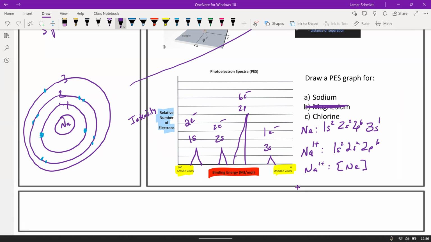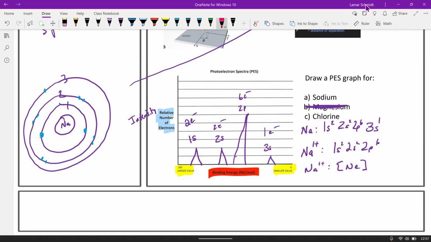Now, I'm going to draw our PES of neon right alongside of this. Not of neon, excuse me, of the sodium ion, just right alongside this. So what we should know about the sodium ion is that it has 11 protons, but it has fewer electrons, right?